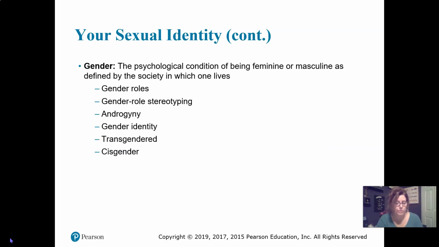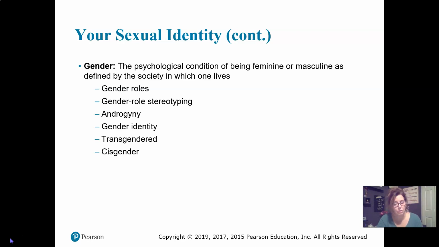Gender refers to characteristics and actions typically associated with men or women, masculine or feminine, as defined by the culture in which one lives. Our sense of masculine and feminine traits is largely a result of socializing during our childhood. Gender roles are the behaviors and activities we use to express our masculinity or femininity in ways that conform to society's expectations.